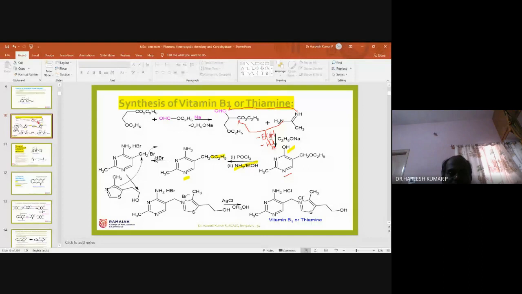This aryl alkyl bromide is attacked by the lone pair present on the nitrogen. It is only a salt formation.